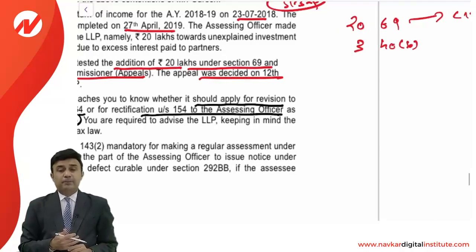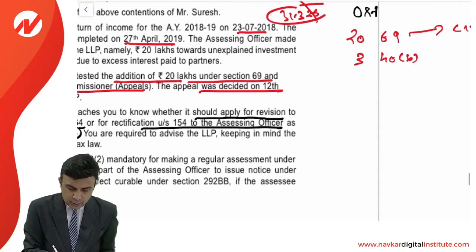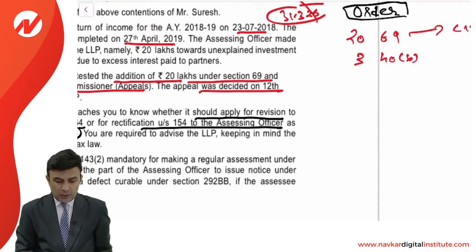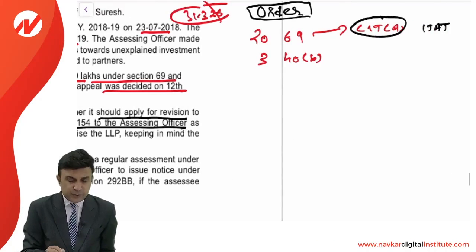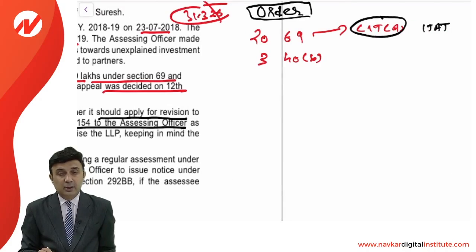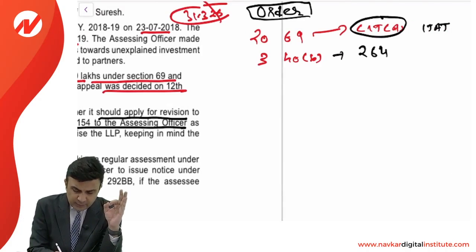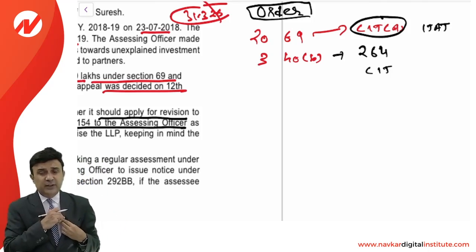See friends, there is an order in which there are 2 subject matters. One subject matter is the subject matter before CIT Appeal. The assessee wants to take another subject matter before the CIT for revision in favor of the assessee under section 264.